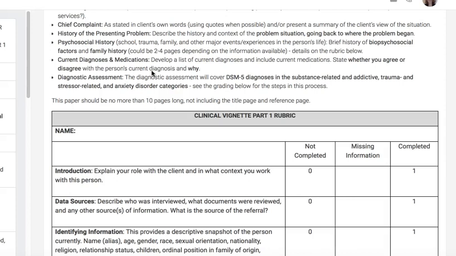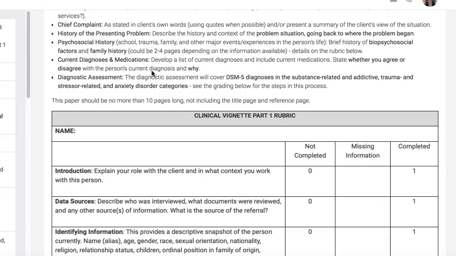Now, this assignment comes fairly early in the course. So you're not going to have, unless you already have experience using the DSM and making a diagnosis, a lot of information. But that's okay. You're just saying whether or not you think this is true. And then you're giving a rationale about why you think it's true.